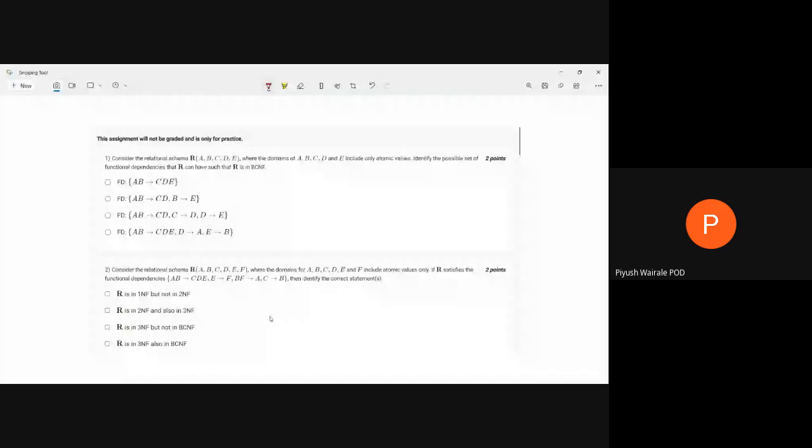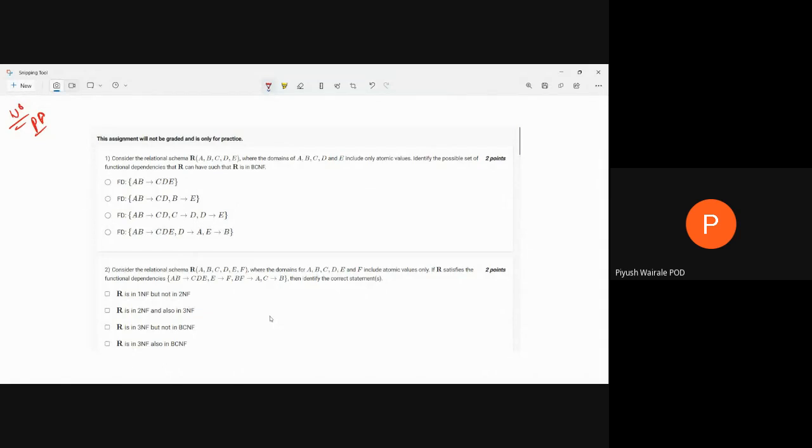I have updated it, you can check that. What happened to the window? Okay, this is visible. Week 6 PA, question 1 and 2.